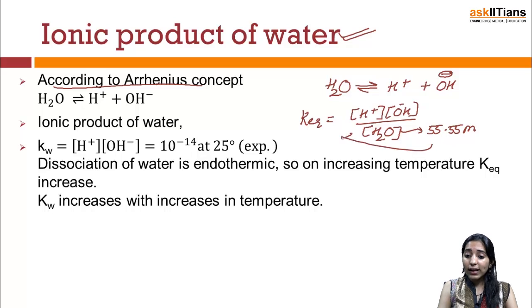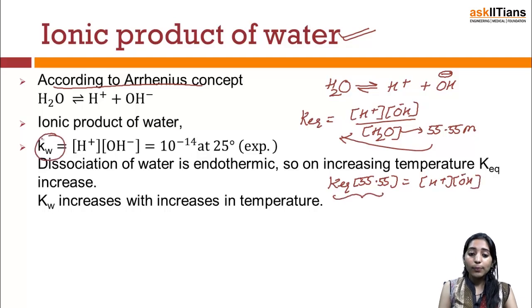So if I take this value to the left hand side, K equilibrium into 55.55 will give us H positive into OH minus. This value is known as the ionic product of water, which is nothing but the Kw for water, and if you solve this, the value has been found to be 10 to the power minus 14.